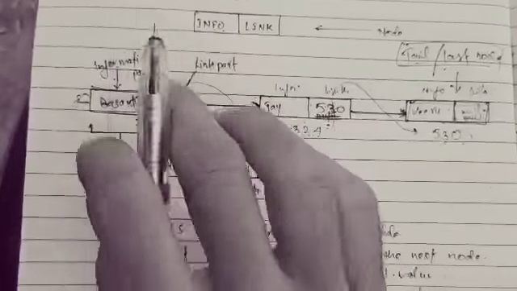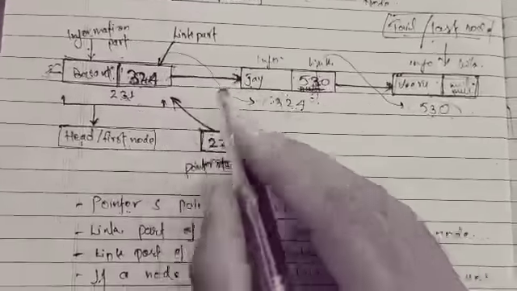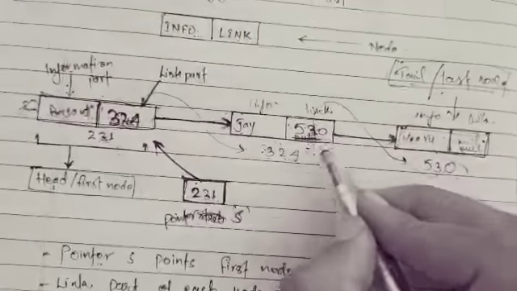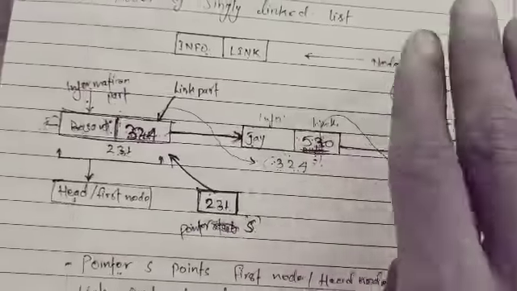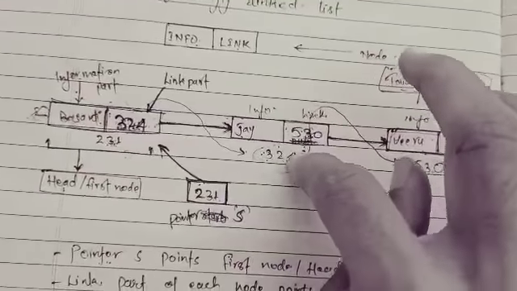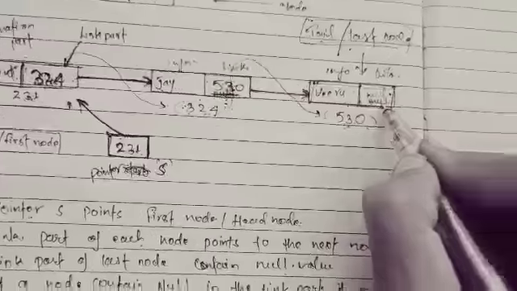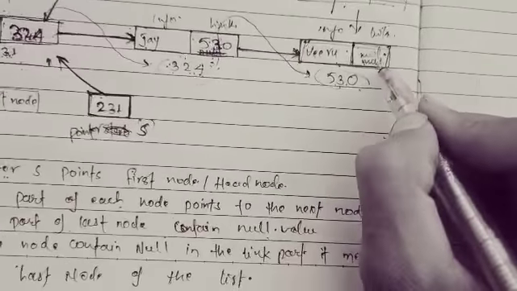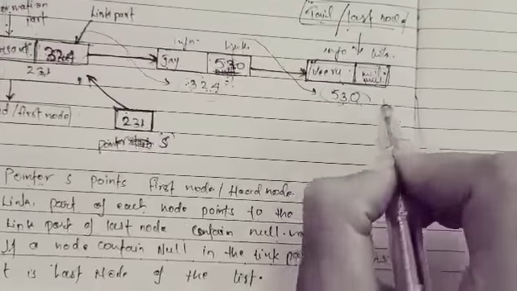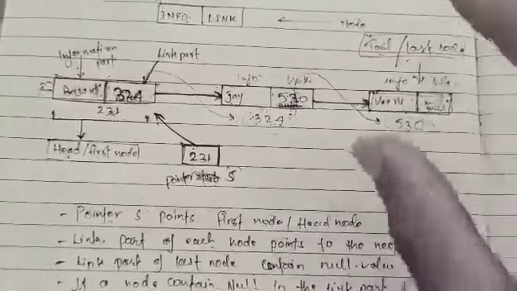If we put a null value here, then this node will be the last node. In this node the link part contains a null value, so this will be the last node. So that is the thing.